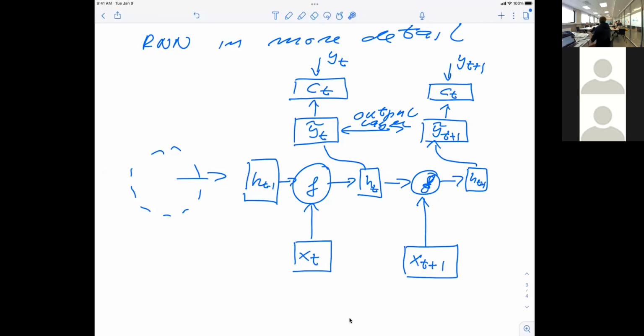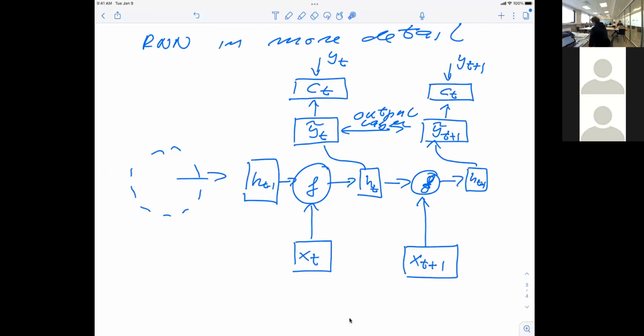So the more time steps you have, and the deeper you make the network at each time step, the more you need to store. So you could treat these h of t's here as either shallow or deep neural networks or convolutional neural networks.